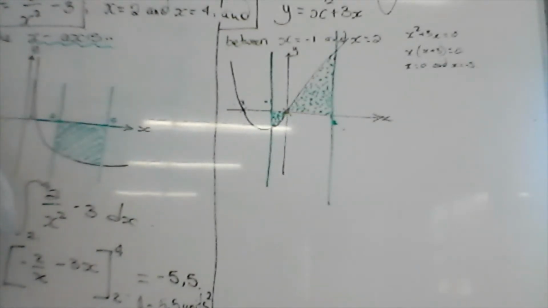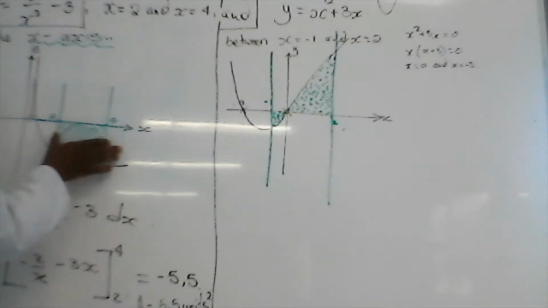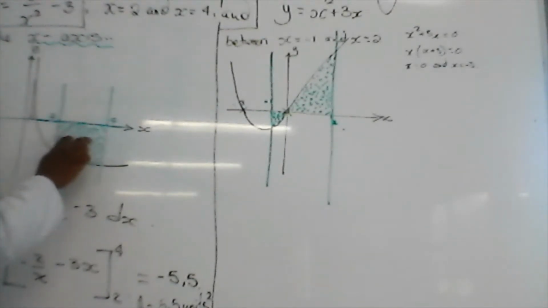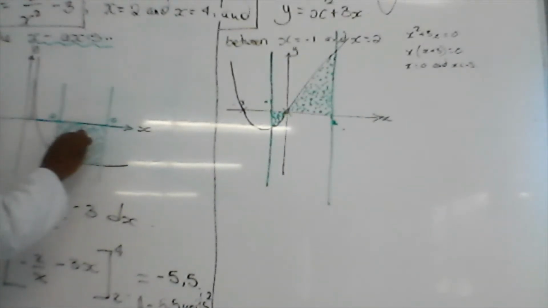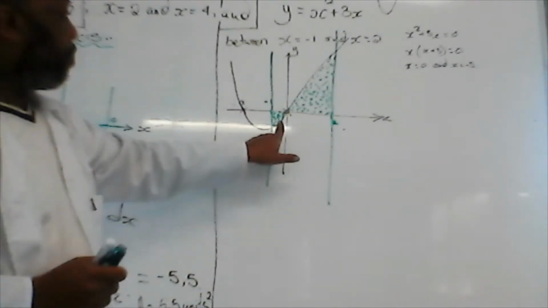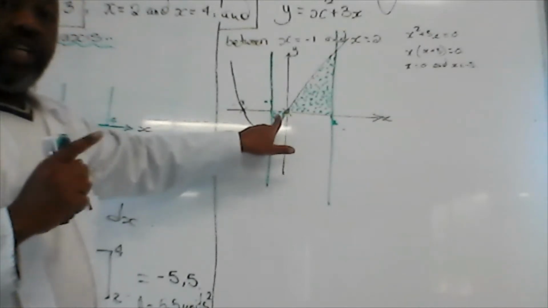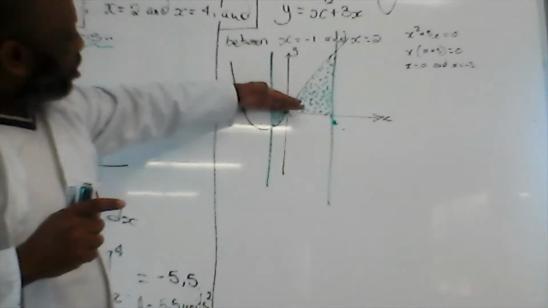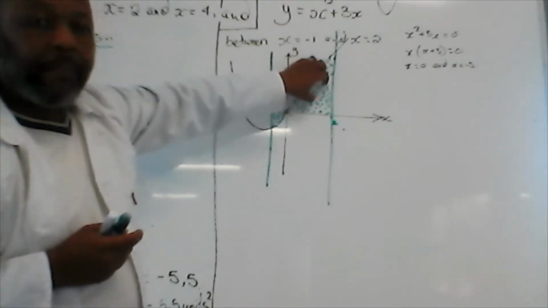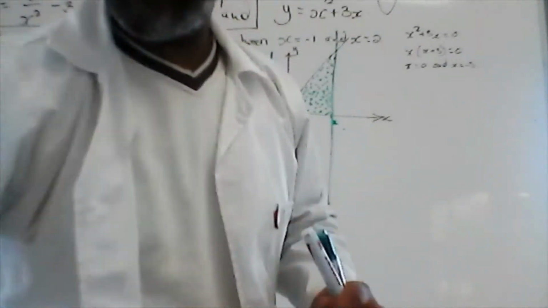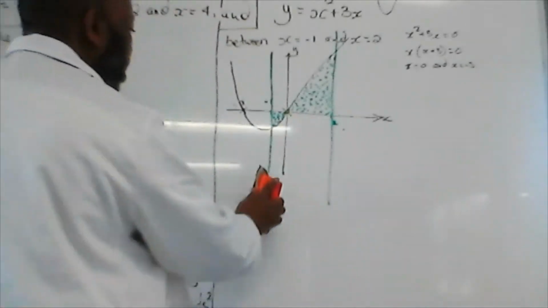And the second thing is that my upper limit and my lower limit formed an area with the graph that was produced under the x-axis. But in this particular example, I've got two regions for my area. I have one area that's below the x-axis. I've got another area that's above the x-axis. So how are we going to do this?